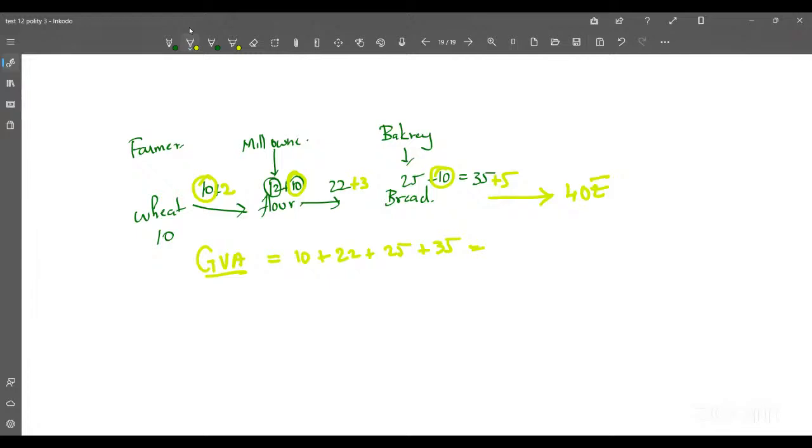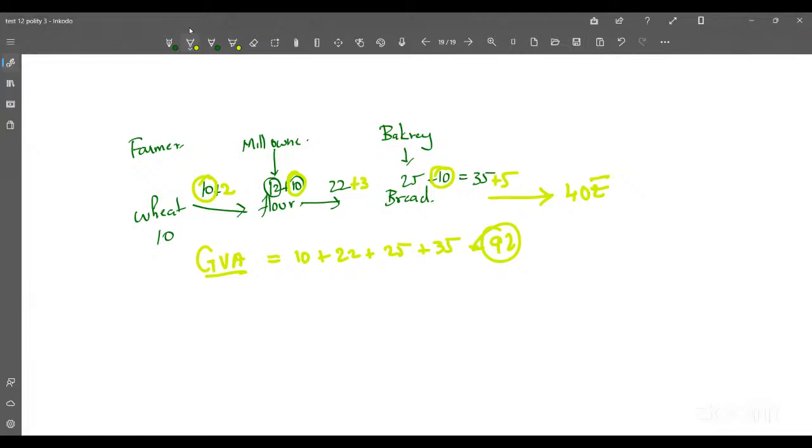So here I am considering the value of all the intermediary goods also. In this case I will double count it. When I double count it, the total would go to somewhere around 92 rupees.